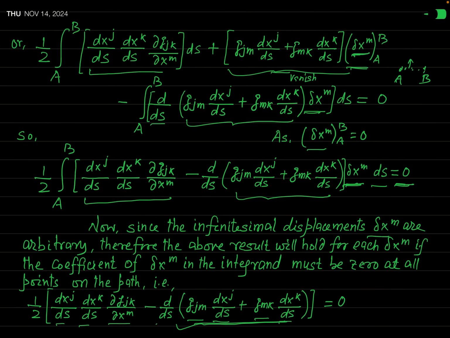When you operate the operator d/ds on the first term, if this operator is operated on g_jm, then dx^j/ds will be kept as it is. And when it is operated on the second function dx^j/ds, then g_jm will be kept as it is.